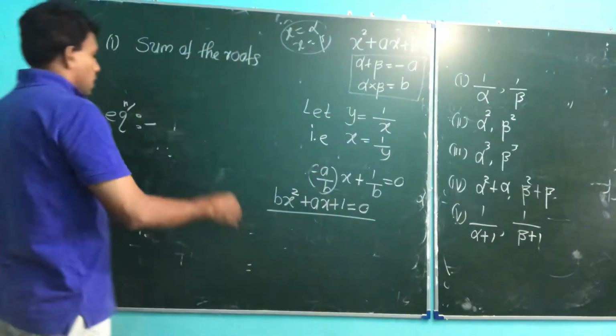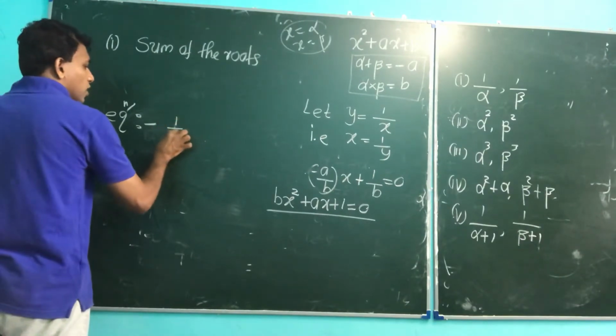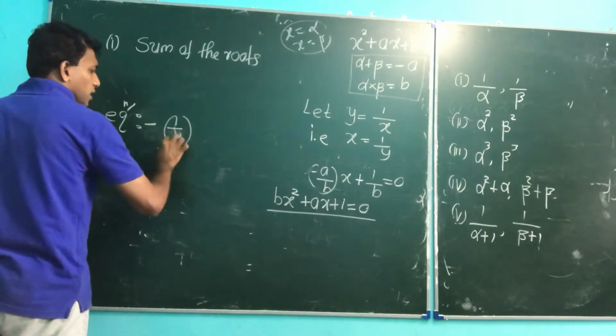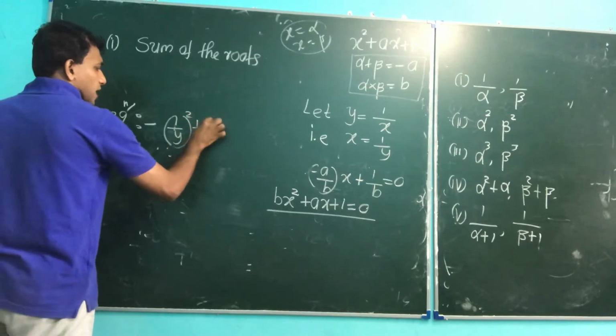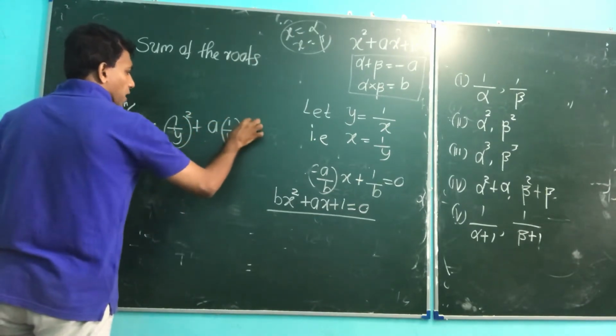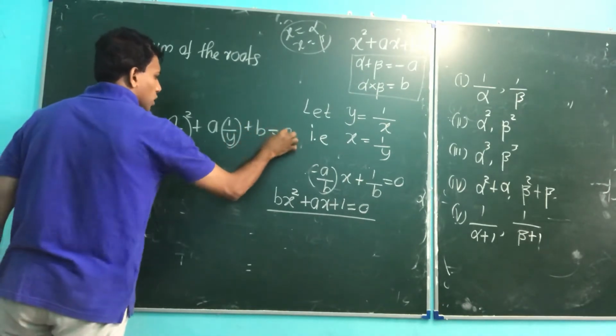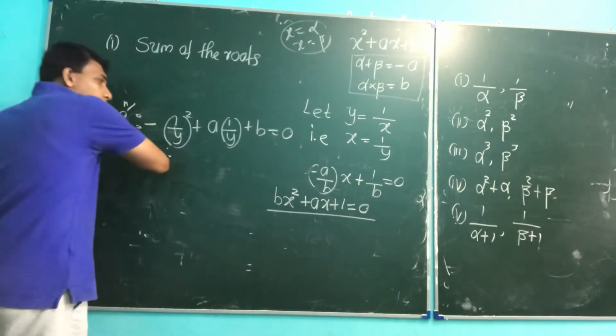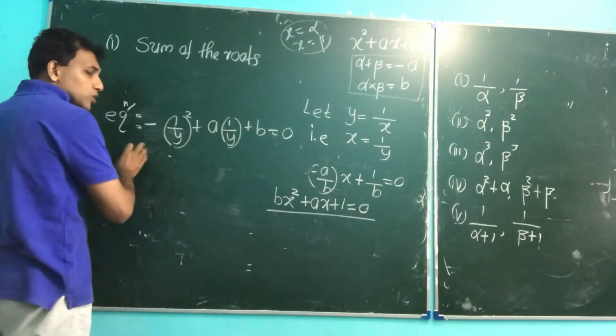See that, 1 over y, all things square, plus a into 1 over y, plus b equal to 0. Multiply by the LCM. y square is the LCM.